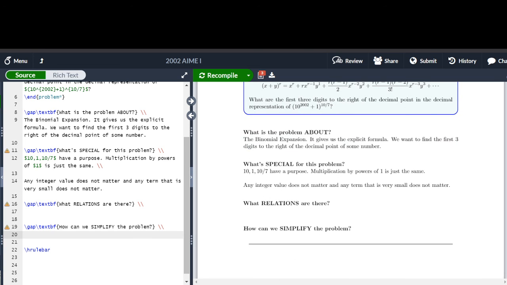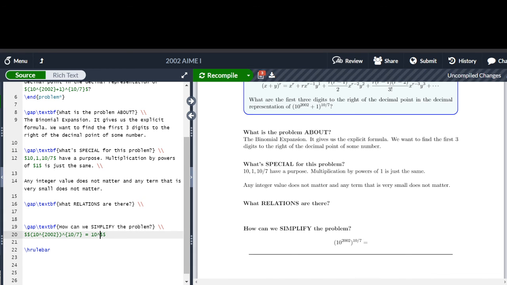So we have x to the r. This is 10 to the power of 2002 to the power of 10 over 7. And this is equal to 2002 over 7 being 286. So 2,860 is the first term.